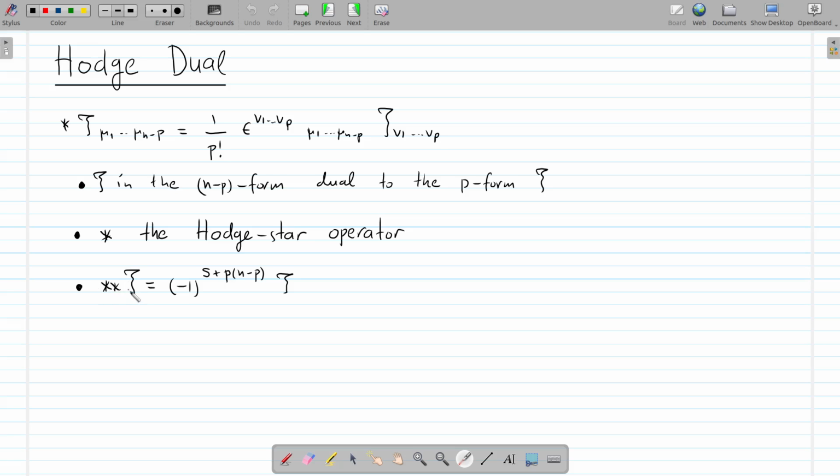When we apply the duality twice, we obtain back the form we started from up to a sign, but now the sign here, except from the factor minus 1 to the p times n minus p, has also a sign coming from the signature of the metric.